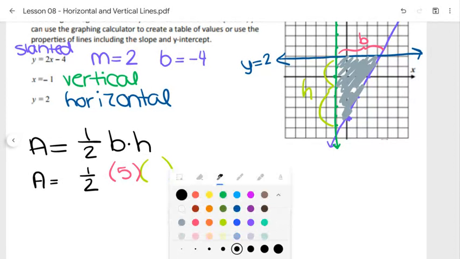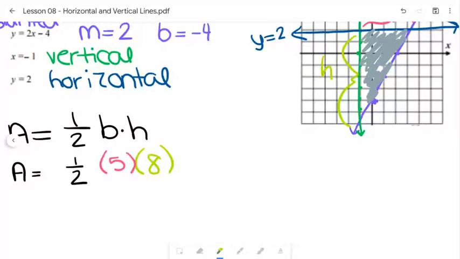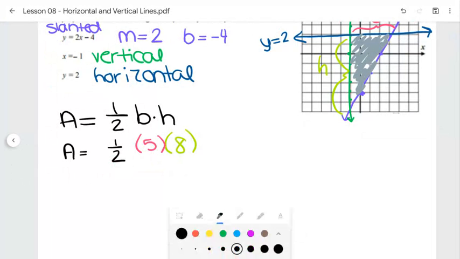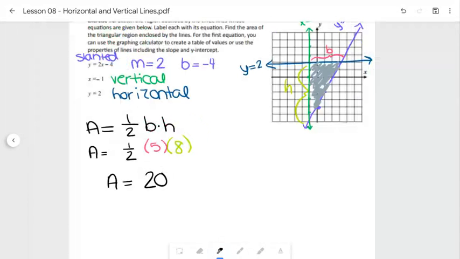I don't know why I didn't decide to draw this long enough, so bear with me there. But this piece here is actually all the way to where that intersection is. So that's actually 8. Okay, so I've counted that. And then I just put that right in the calculator and multiply. And we're going to end up with 1/2 times 40. So we end up with 20.